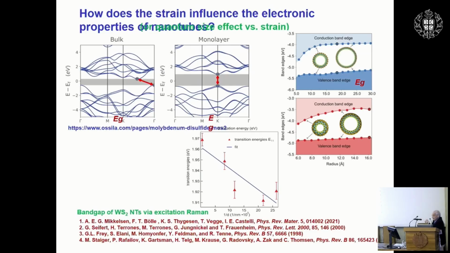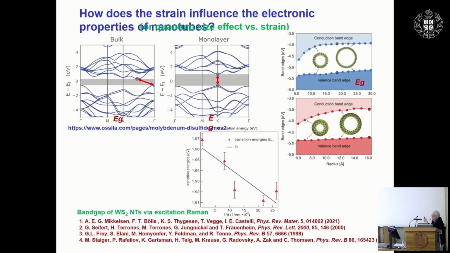And in the case of nanotubes, the story is completely different, because you have the strain effect, and the strain effect overcomes the quantum size effect, and you see that the band gap, instead of increasing, goes down, owing to the strain in the nanotubes, which get smaller and smaller.